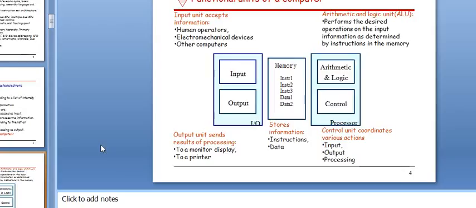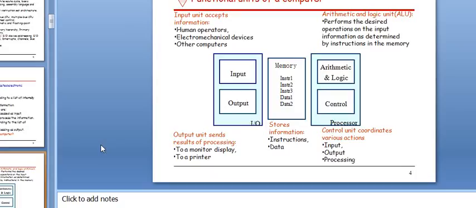Then, what are the functional units of a computer? That is what we are covering in the next part. The input unit accepts information, like a keyboard or mouse.